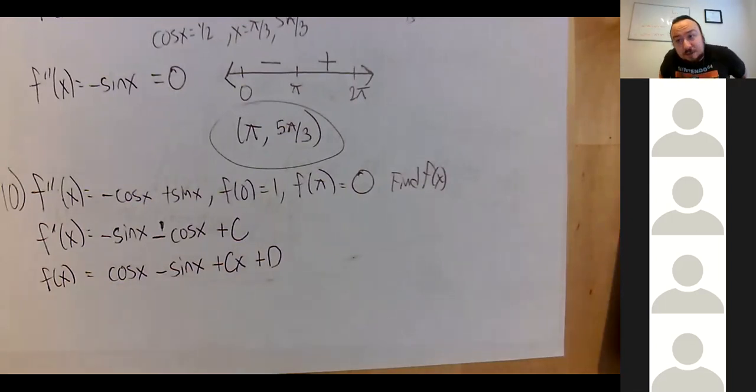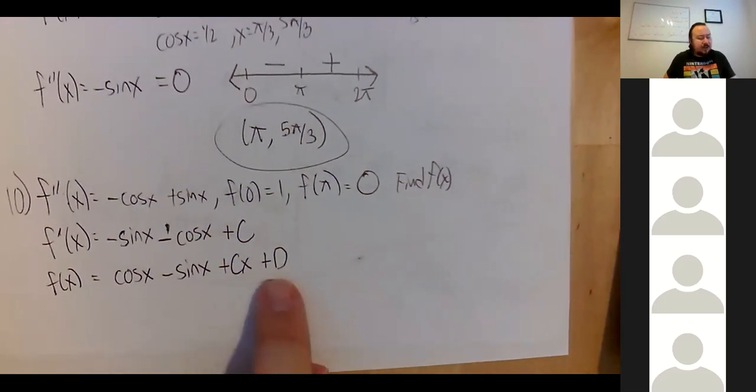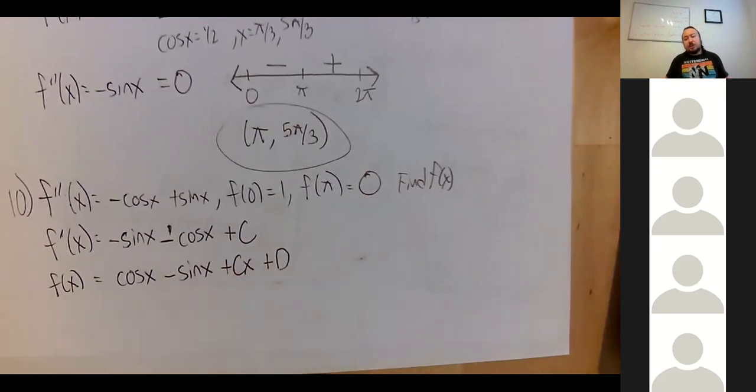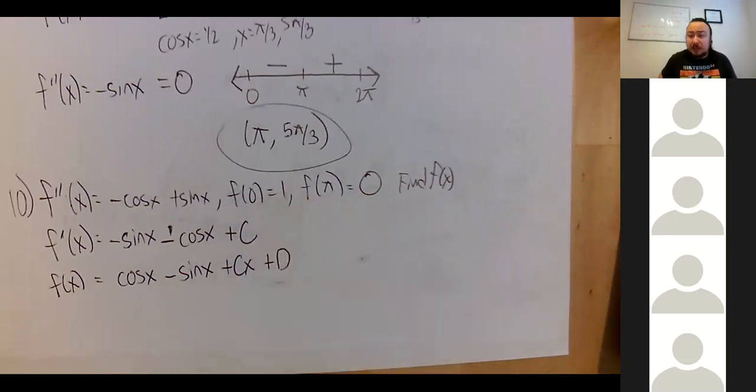So we need a different variable for this new constant. So we've almost found f of x. We know it's going to have a cosine minus sine as part of it, but then we also have this at the end here. We don't necessarily know what's going to happen with that yet. But that's where we use these two pieces of information to help us get what C and D will have to be.